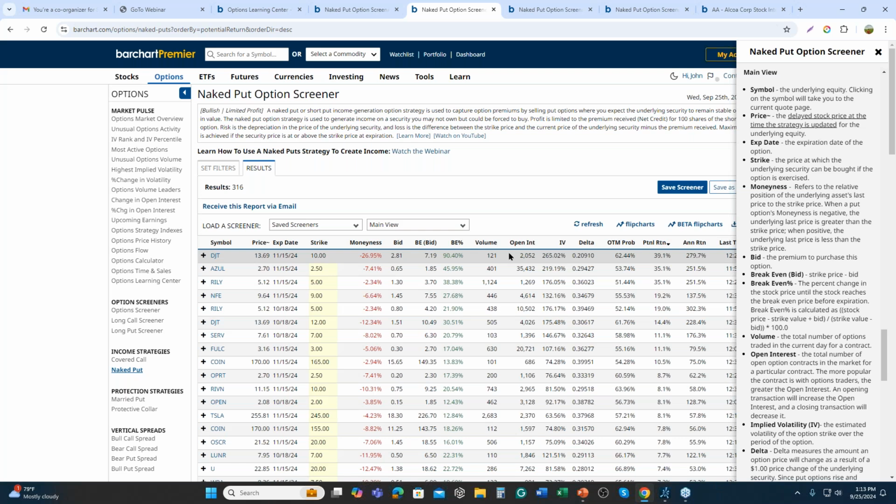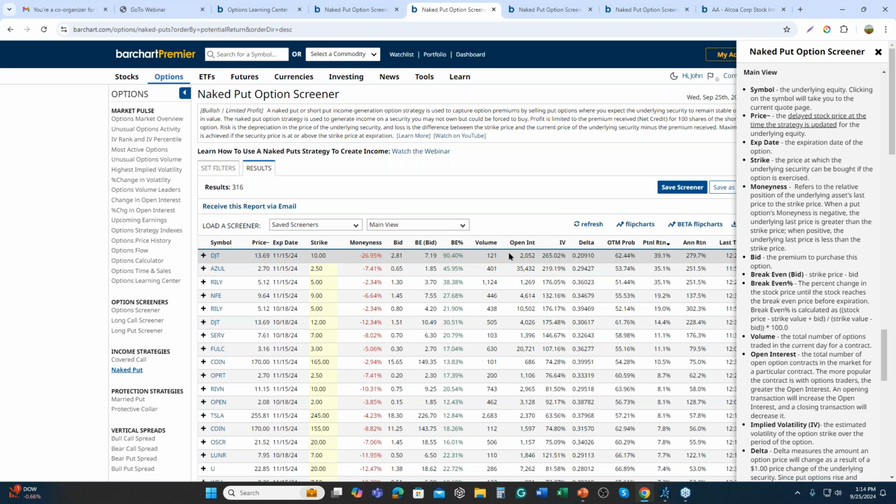Now, when we talk about open interest, that's how many contract positions have been opened and have yet to be closed. And again, the theory here is that the larger amount of open interest, the greater the liquidity. Now, I know somebody's going to ask me, what would be a threshold of open interest that you would be looking at? I'm just going to be kind of conservative. I would say somewhere between 500 and 1,000.